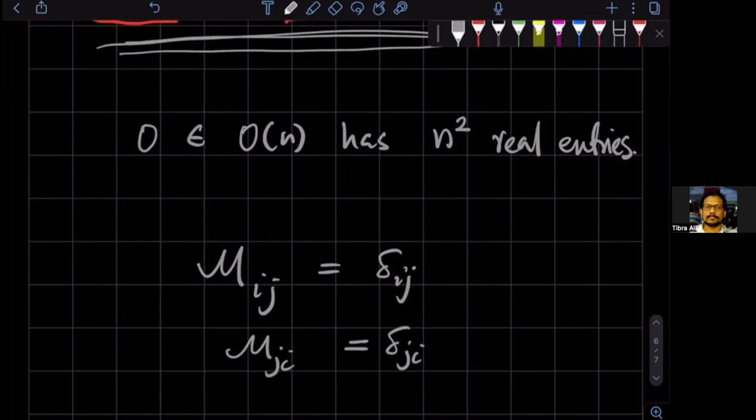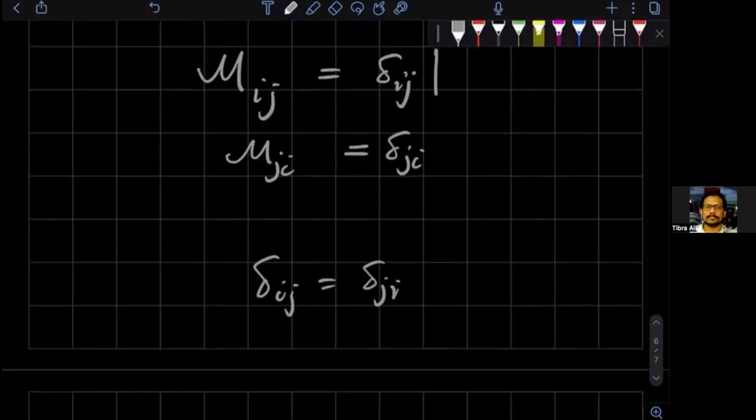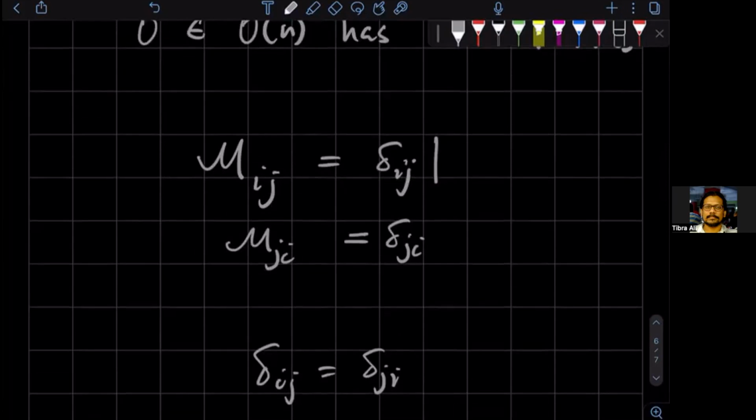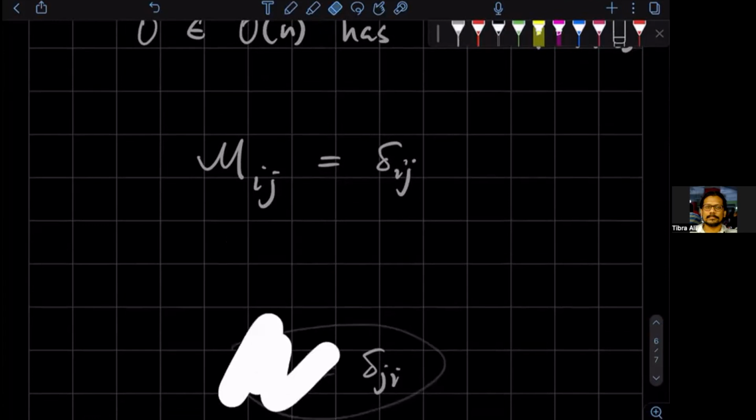Is this the same equation? Do you understand the notion of symmetry, that this is a symmetric tensor, that delta ij is equal to delta ji? Is this something you are familiar with? Yes. Okay, so if you are, then can someone tell me if this equation is symmetric or not?